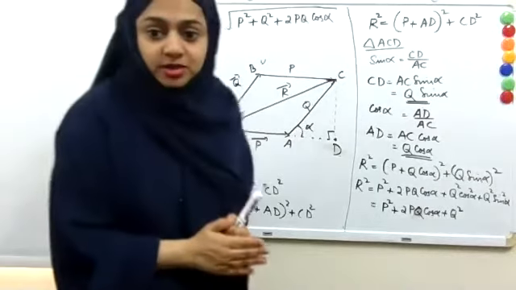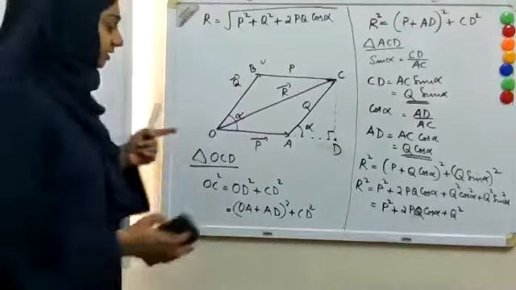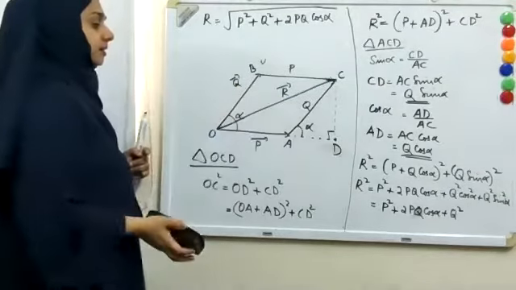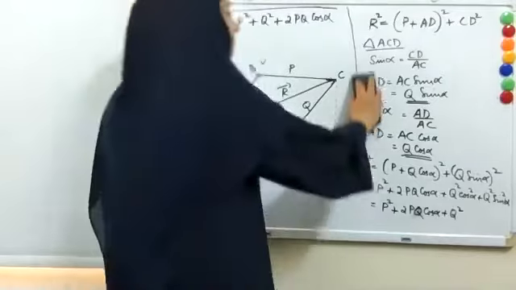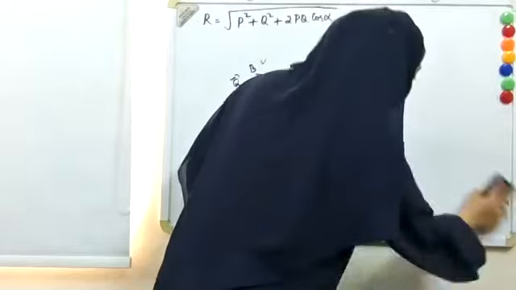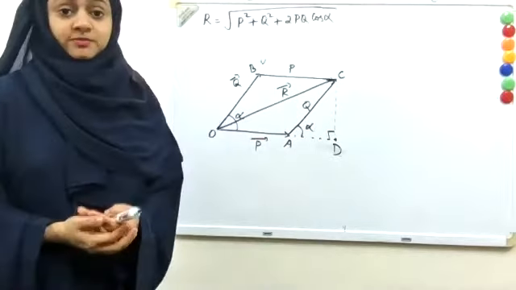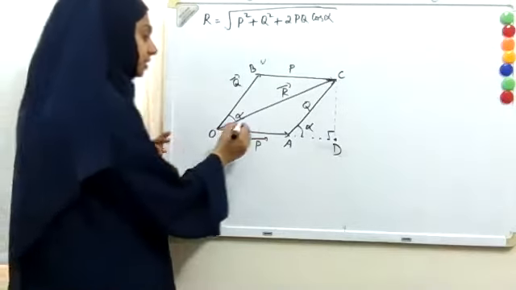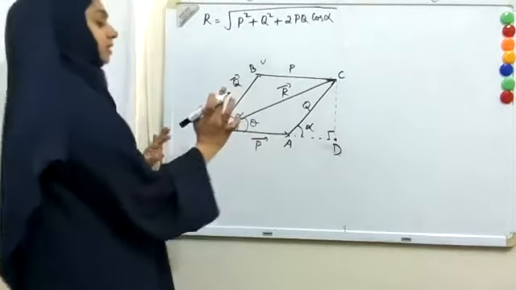Now we got the magnitude. Let me also give an expression for the direction. I'll use the same figure here. Now we got the magnitude of the resultant vector. How will you state the direction of the resultant vector? We often state the direction of the resultant vector as making an angle with the first vector.